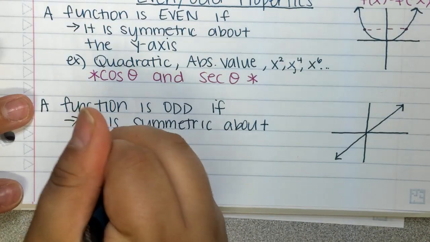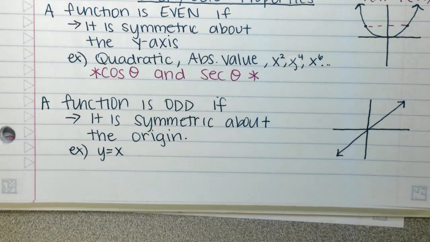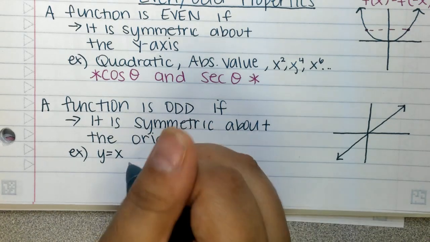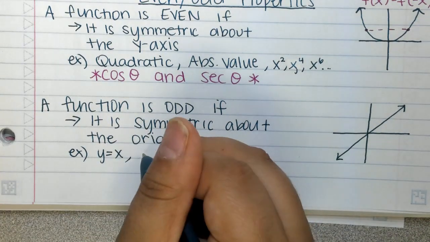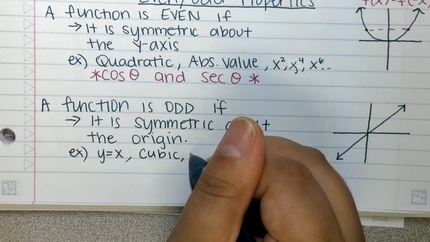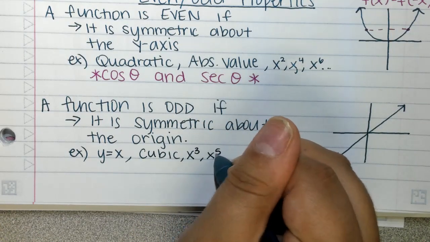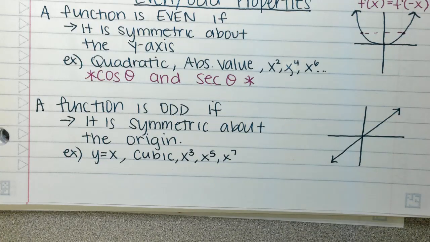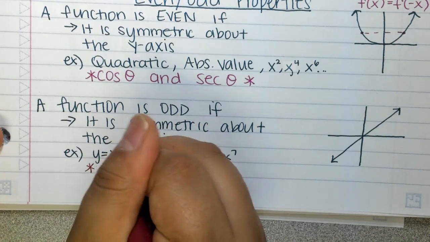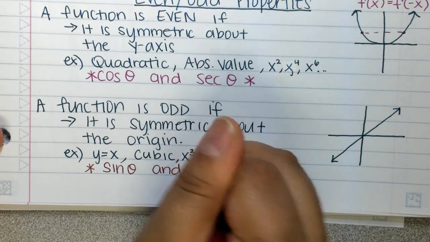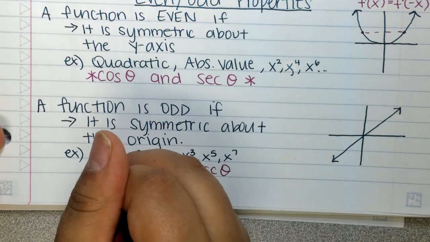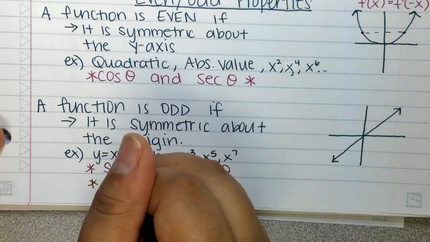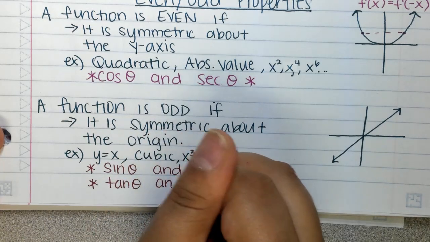So examples of that are y equals x, lines that go through the origin. What else? Cubic. x cubed, x to the 5th, x to the 7th. Anything where the exponent is odd. As well as your other trig functions: sine and cosecant, and tangent and cotangent.